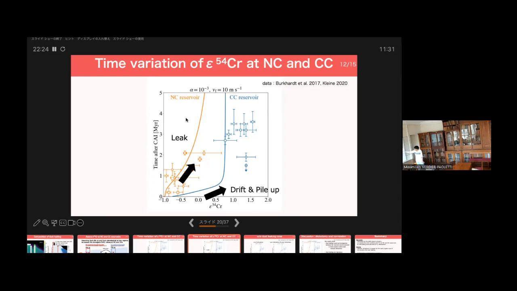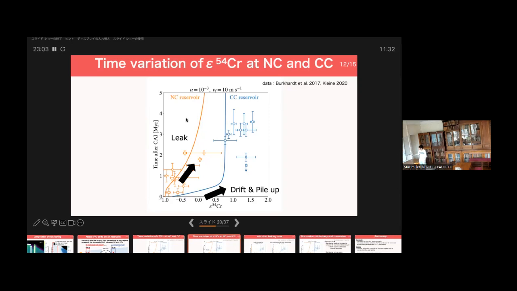Thus the MC reservoir accumulates dust particles which have a relatively high epsilon chromium value for several million years. Thus, this line increases for several million years. But at the CC reservoir, almost all dust aggregates are piled up outside the gas giants, and also multiple collisions homogenize the composition of dust particles.